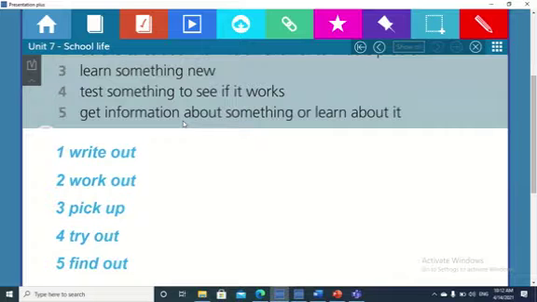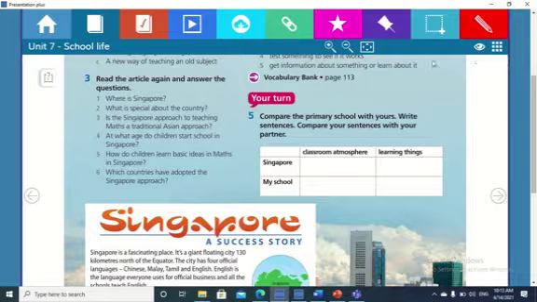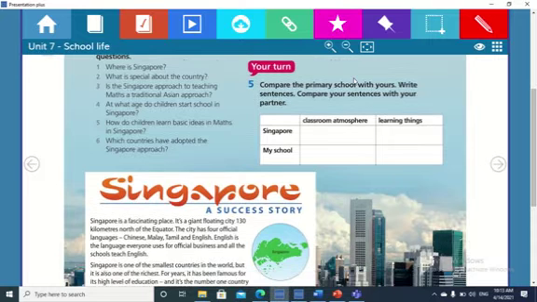You never learn about something from the first time. You need to find out more and more about it. These were the new vocabulary items taken from the text.